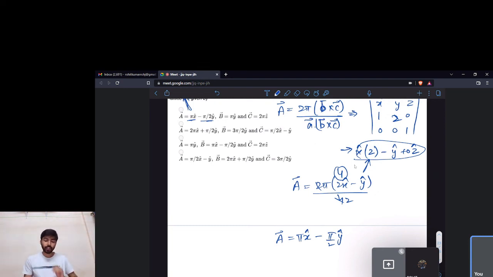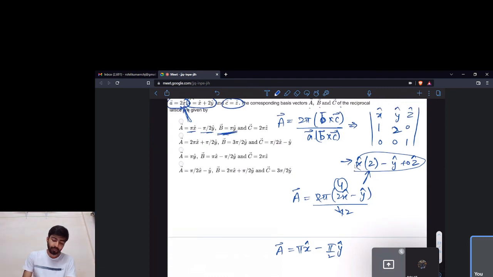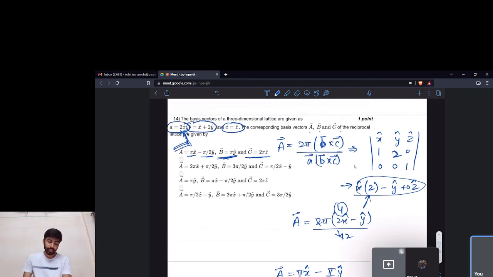In a similar way we can also find the b reciprocal vector and the c reciprocal vector, and if we do that, B would come out to be pi y and C would come out to be pi z. In this question we can use the option rejection technique. Since we have found one of the reciprocal vectors correct and all of the other options are of a different kind, we can safely say that the right option is A.